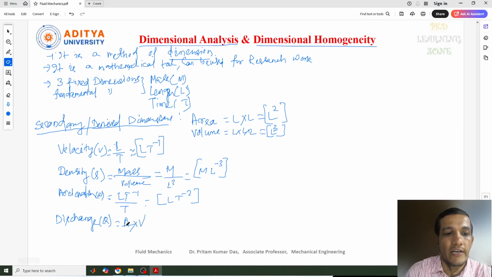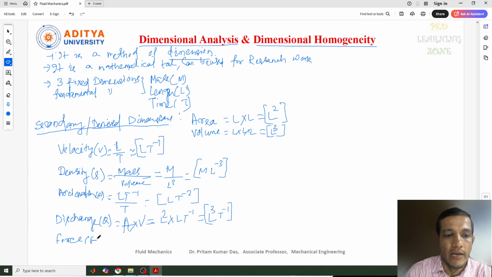We have studied the continuity equation, A1 V1 equal to A2 V2, so discharge is area into velocity. Area is L to the power 2, as we derived. Velocity is L T to the power minus 1. Combining both, we get L cubed T to the power minus 1. So this is the dimension of discharge. Similarly, many things we can derive from this. All are coming under secondary because they are derived from the fixed or fundamental quantities.